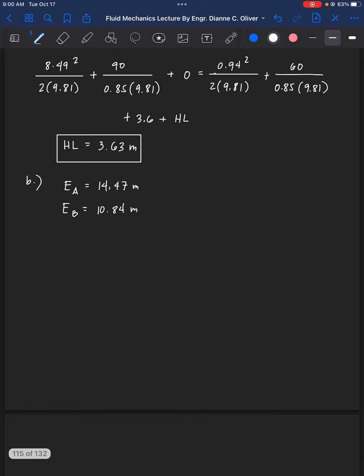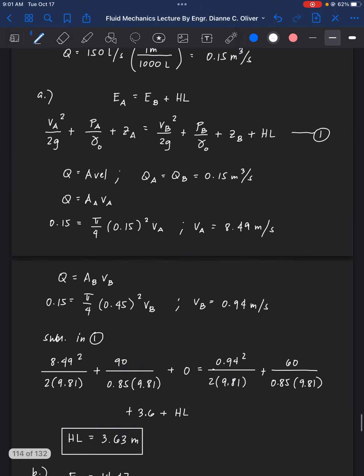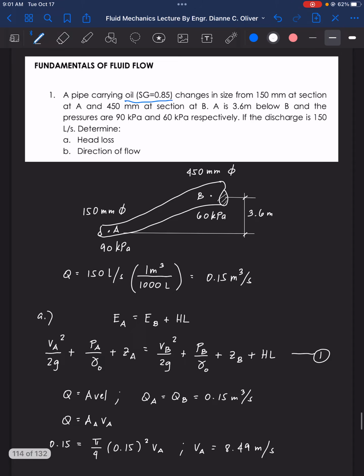So since EA is greater than EB, therefore fluid flows from A to B. So that's the answer for number 1.